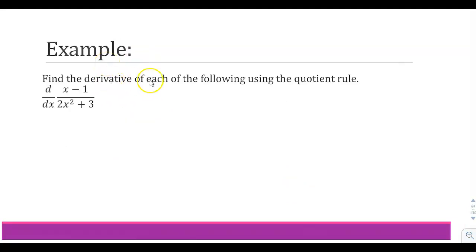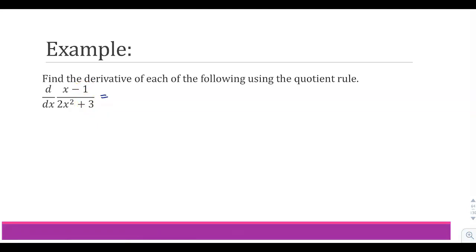Example time. Find the derivative of each of the following using the quotient rule. So we'll start here. The derivative with respect to x of x minus 1 all over 2x squared plus 3. So I have a quotient of two different functions here. They're both polynomials, so we'll jump straight into the quotient rule. And on this example, I will go ahead and write everything out.